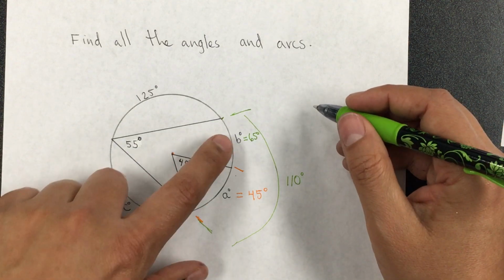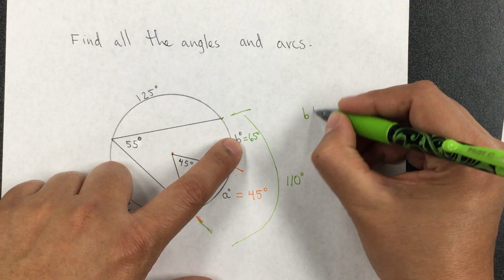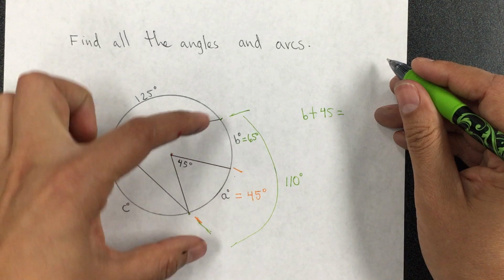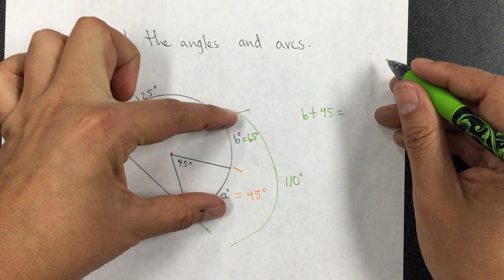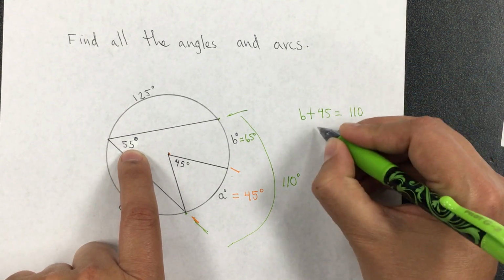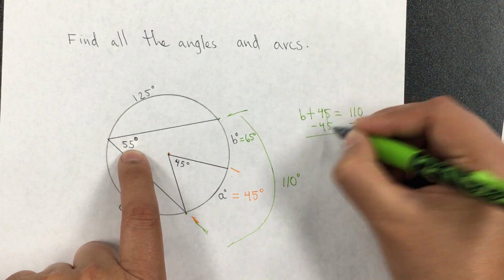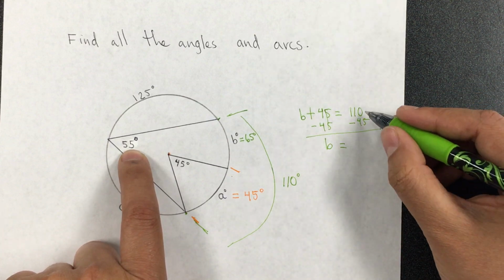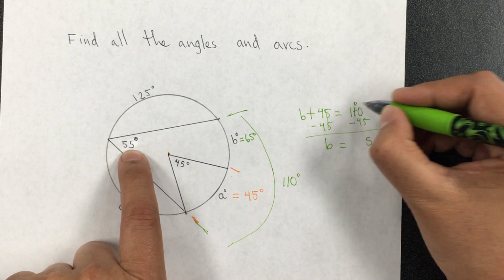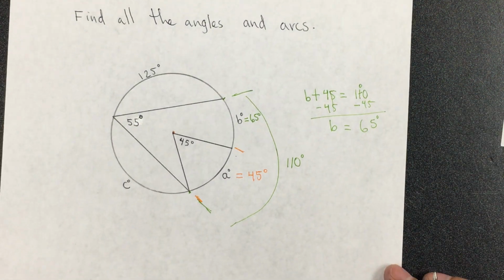Okay, the other way to do it, if they ask you to show your work algebraically, is B plus A, which is 45, equals 110, because together that makes the arc of the inscribed angle, which is 110. If we're adding 45, the opposite is to subtract 45. And so B is equal to 110 minus 45, which is 65 degrees.